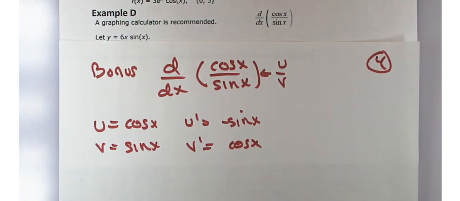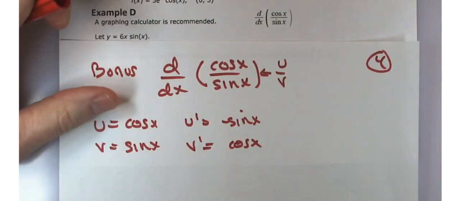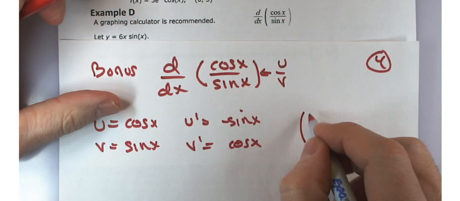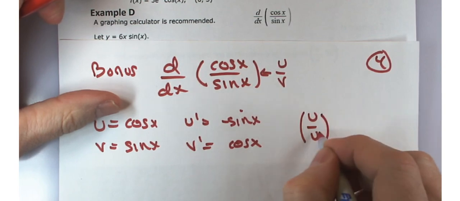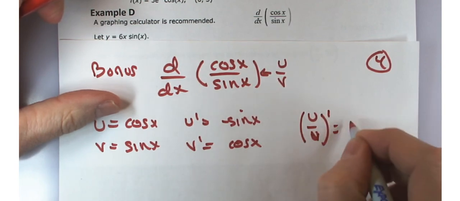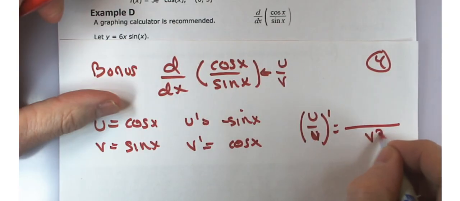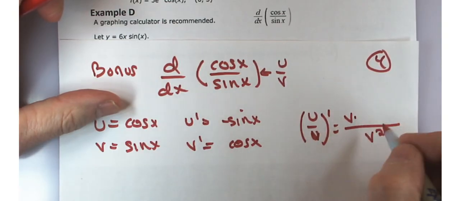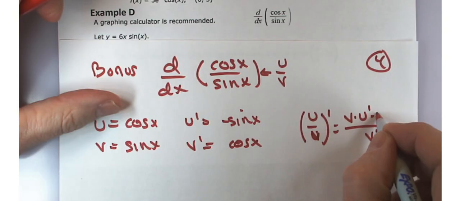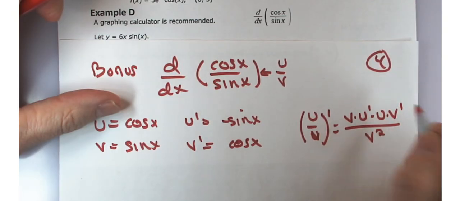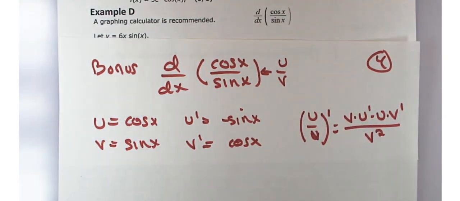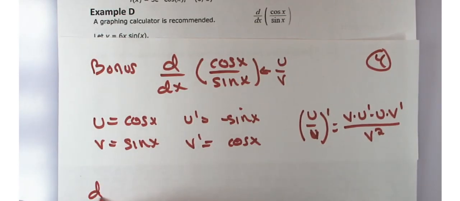Okay, let's keep going. Let's actually work through this. So remember, u over v. Let's make that a v prime. Start out by squaring the denominator. Use the denominator again times the derivative of the numerator, and then the numerator times the derivative of the denominator. So a lot going on here. So the derivative, d by dx of cosine of x over sine of x.